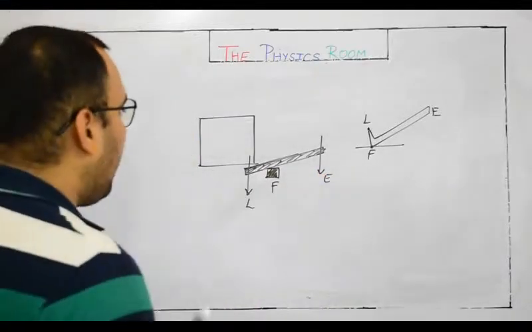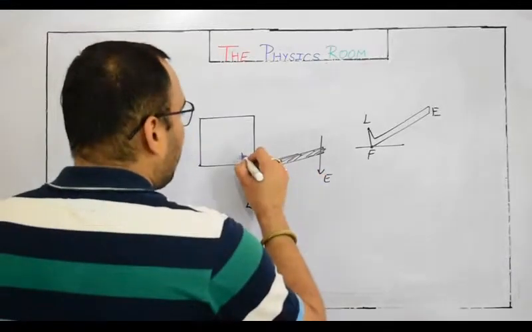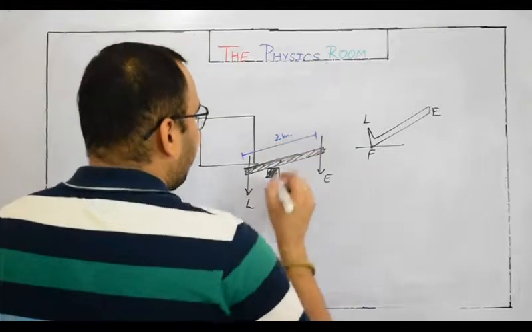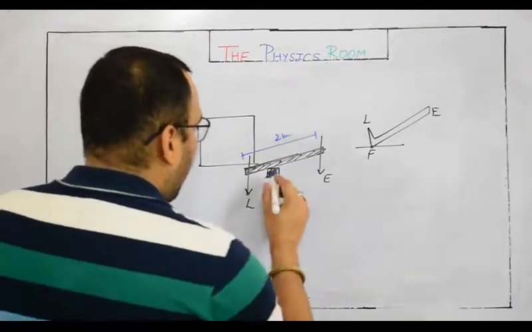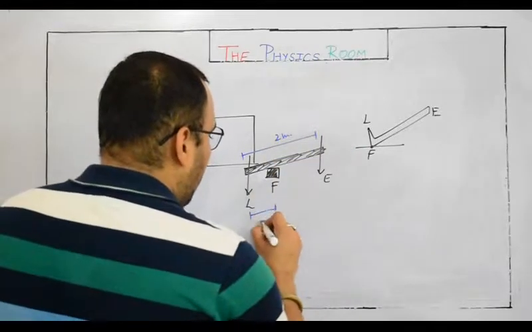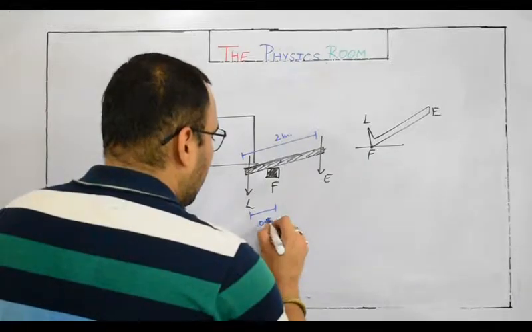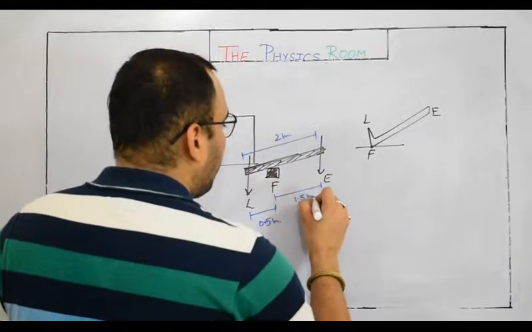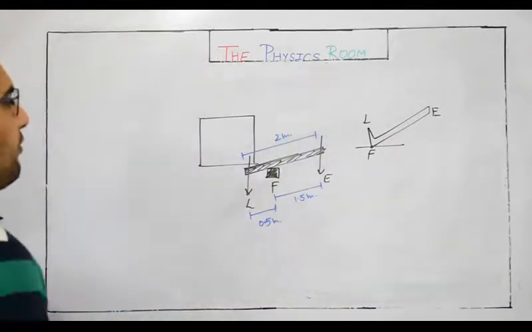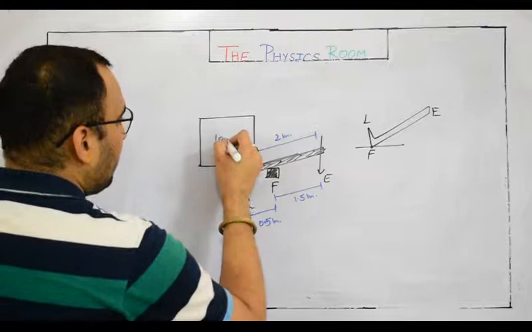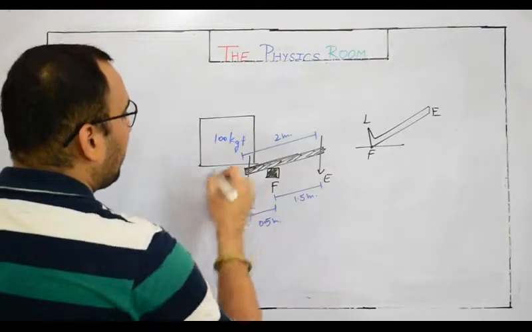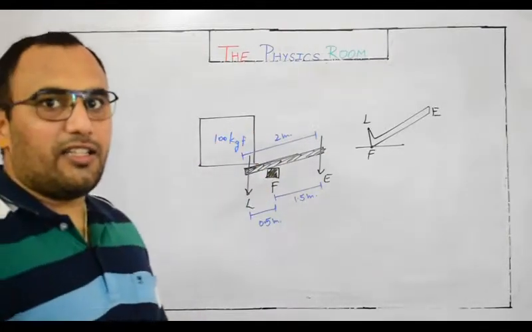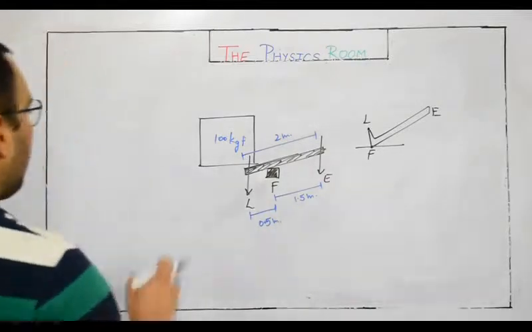You will see it. So let's call this load point L, and we are applying effort here at this point E. And let's assume the length of the rod is about 2 meters, and the fulcrum or the brick has been placed at about 0.5 meters. So the remaining length would be 1.5 meters. And we want to lift this 100 kg load. Mass is 100 kg, so weight would be 100 kgf.